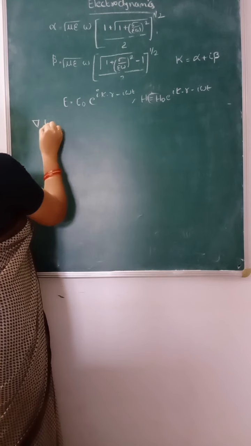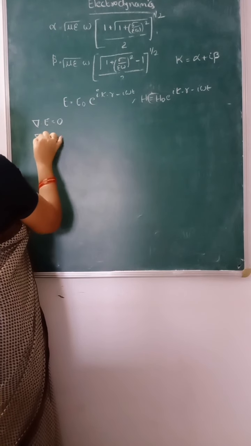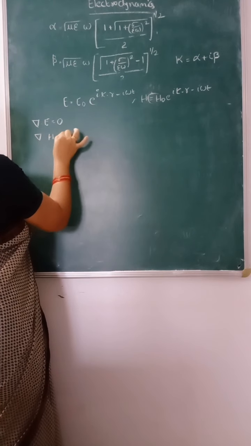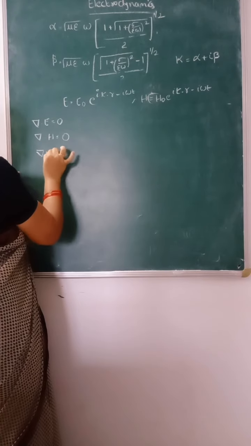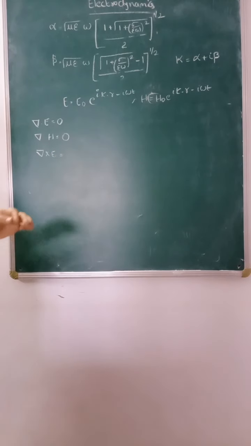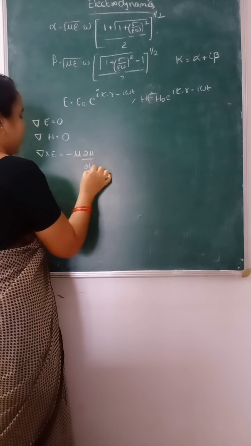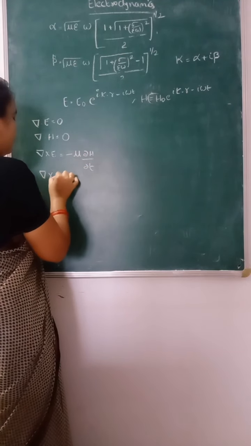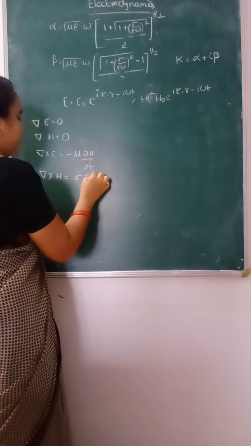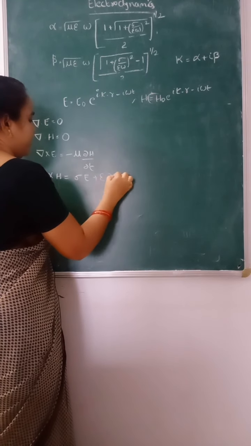Del dot E is equal to 0, del dot H is equal to 0, del cross E is equal to minus mu dou H by dou t, and del cross H is equal to sigma E plus epsilon dou E by dou t.